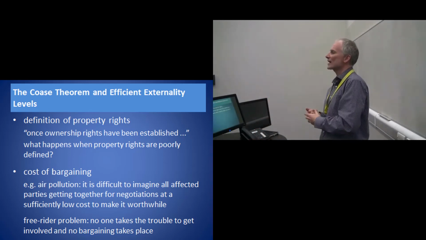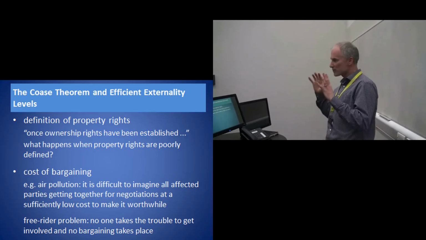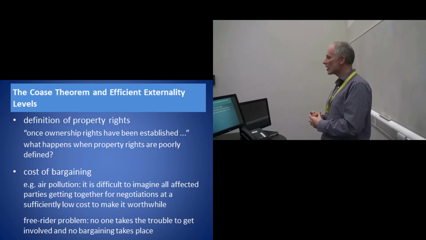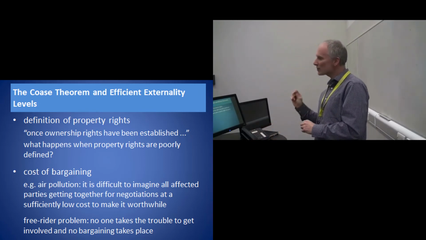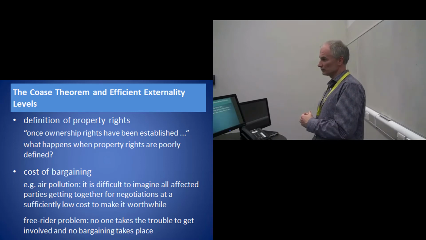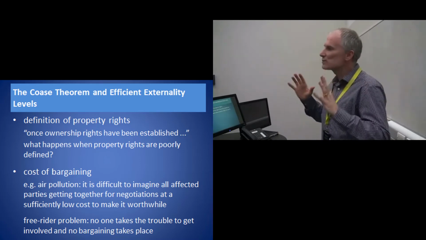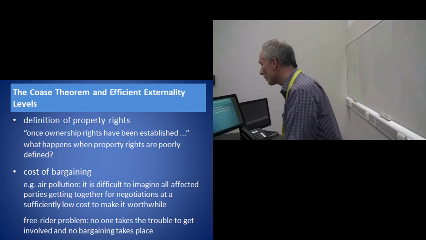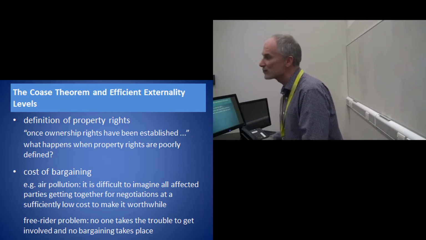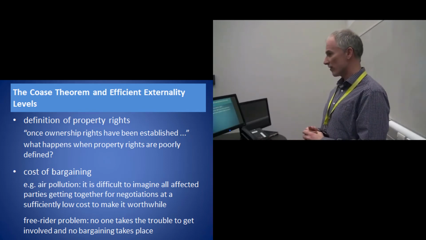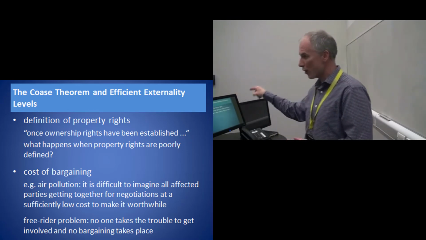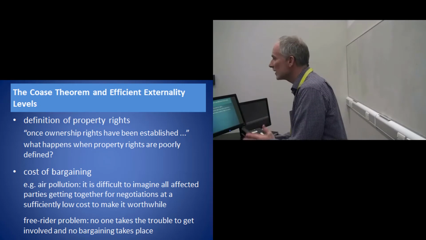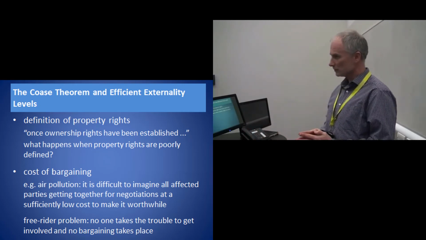And the first practical problem that arises with the Coase theorem is when property rights are not well defined. And the vast majority of practical problems that do arise and prevent the Coase theorem from working arise precisely because of this, because of poorly defined property rights.